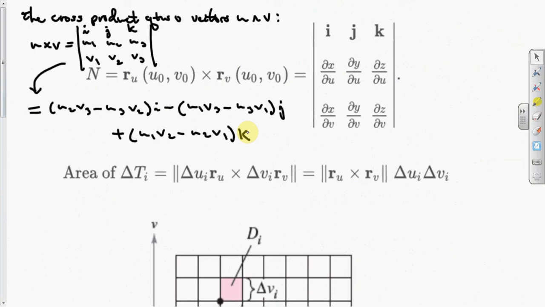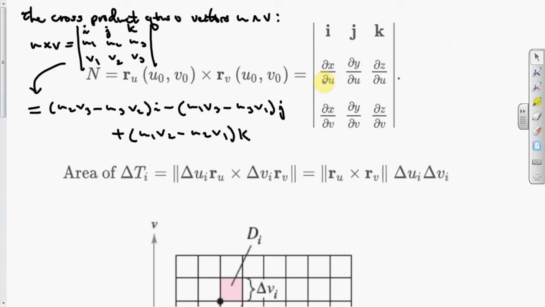But now, for the cross product of r sub u and r sub v, well, they're based on those partial derivatives. So here, this second row becomes the partials of x, y, and z with respect to u.